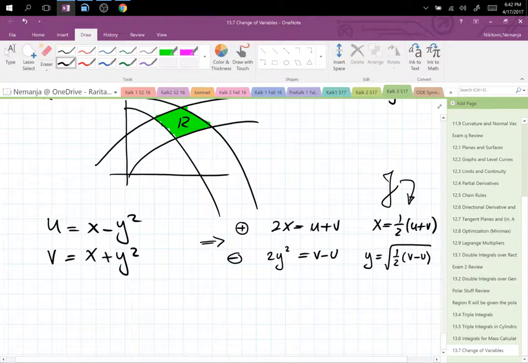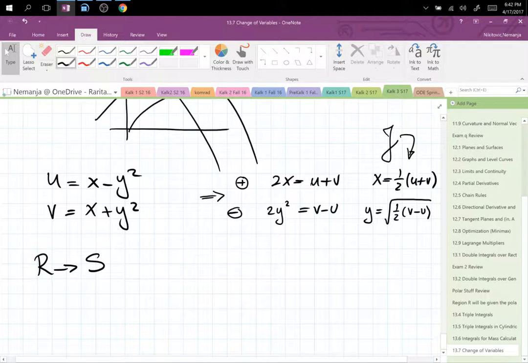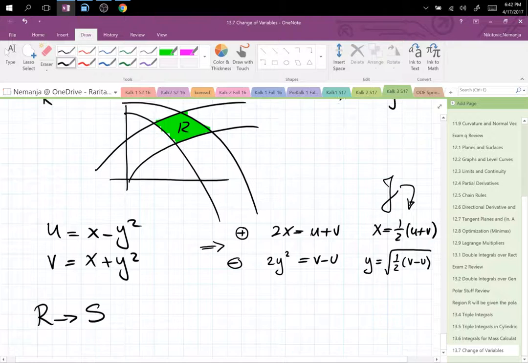We're going to use that. But we first transform the region, then we transform the function, then we transform the rest. So let's go transform R into the S region. So if I have this situation, how do I transform now?